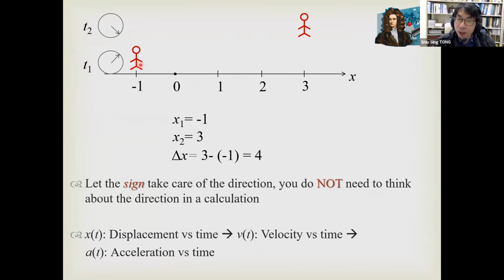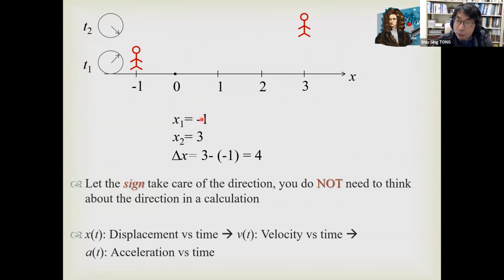Sometimes he starts from a position which is left of the origin. So at this position at time t1, his position is denoted by -1, because the minus sign denotes that he is on the negative side of the origin.